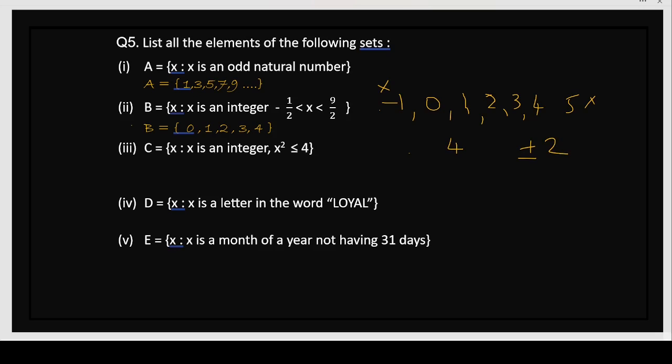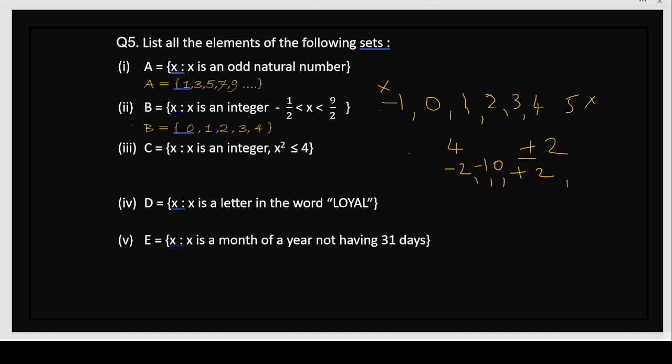So this range is from minus 2 to plus 2. Agreed? So minus 2 square is 4. Minus 1 square is 1. And 0 square is 0.